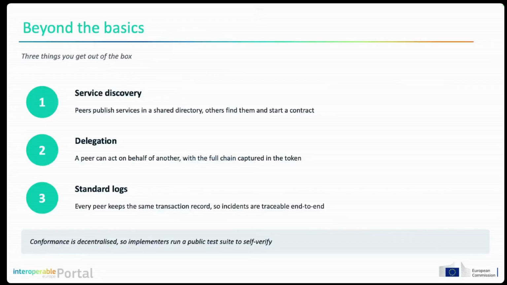Some other things that were possible because it's all standardized and uniform. We have service discovery. So if you have a service that you're offering via your inway, it's shown, if you want to, in a central shared directory where others can find them.